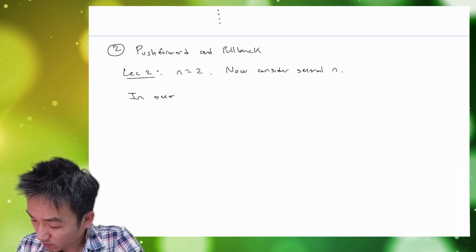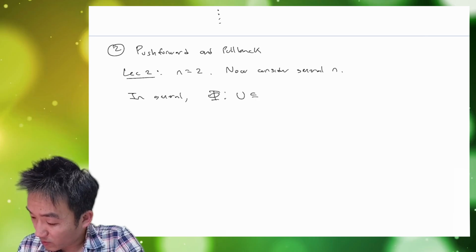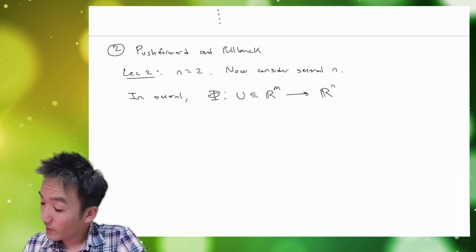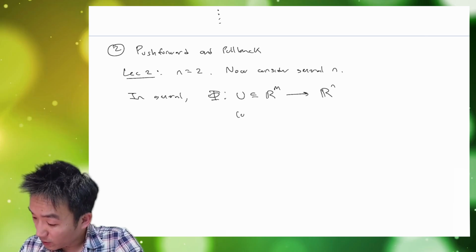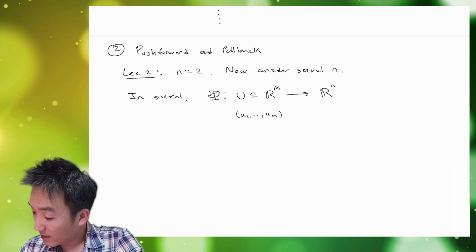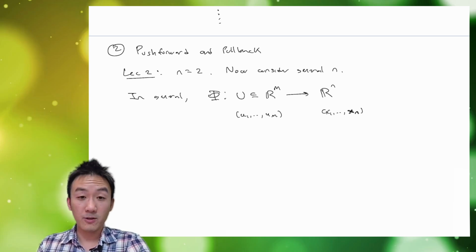In general, suppose we have a map phi from some domain, some subset in R^m, and it maps to R^n. The coordinates on R^m I'll denote by u1 to um, and the coordinates on R^n I'll denote by x1 to xn for convenience. It'll be cleaner to use different letters for coordinates on different spaces.